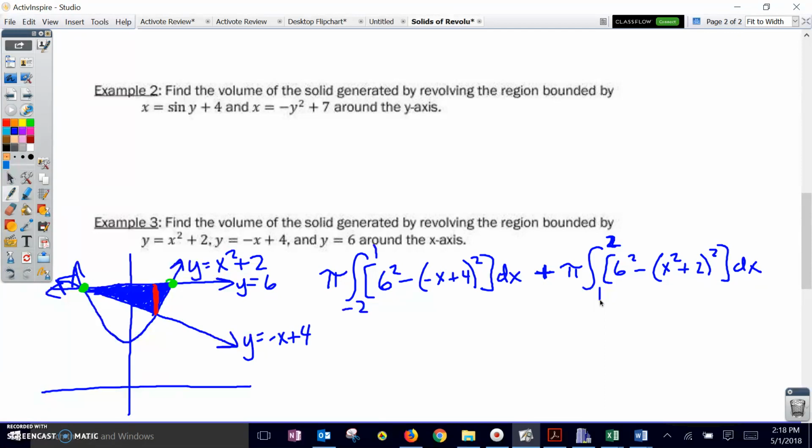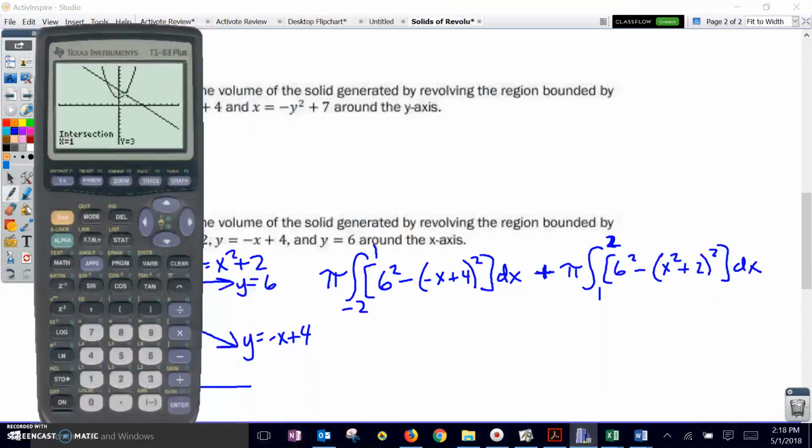And now in order to find the actual volume, I'm just going to go ahead and do this numerically on my calculator.